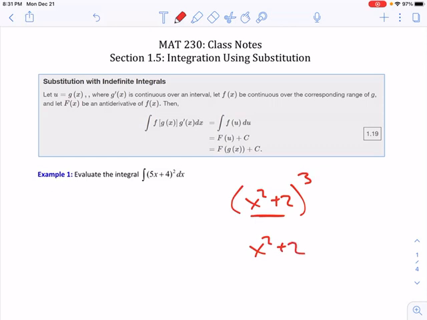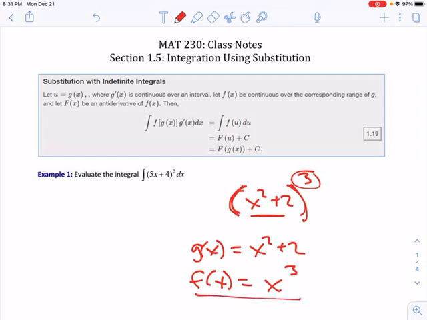Now, usually that's called g of x. And then you have your outside function, which in this case would be this whole quantity being raised to the third power, so we could say x cubed. So the outside function is f of x, the inside function is g of x.